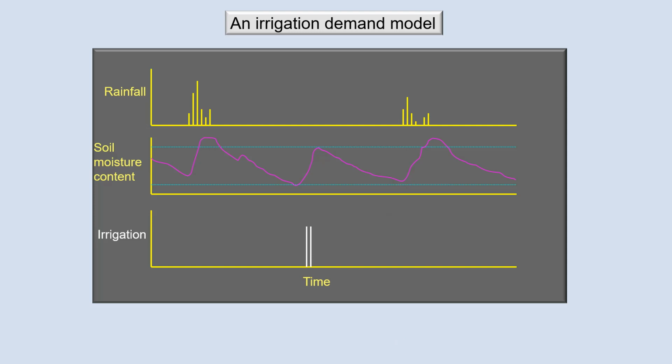But suppose that the soil moisture store had just a little bit less volume, soil moisture storage volume available to water. Then here we are on this part of the curve where evapotranspiration is taking place, and because the amount of water that can be stored in the soil water container is less, in this case we reach this lower threshold before the rain rather than after the rain. Irrigation is demanded and supplied.